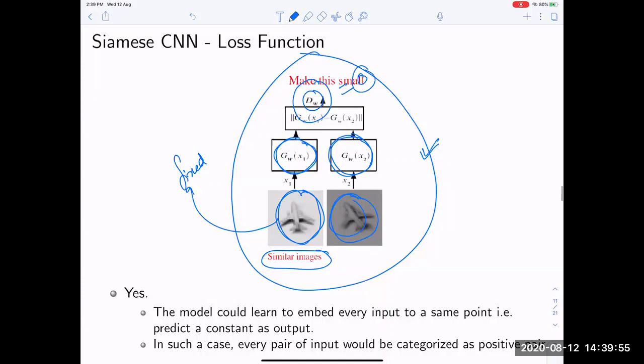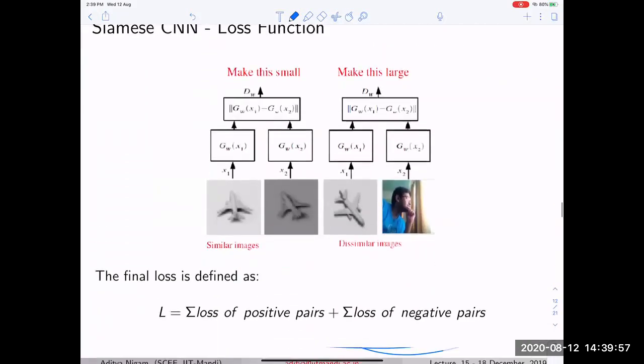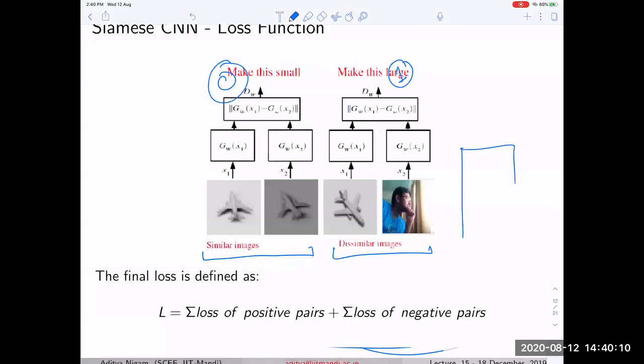Because of this, we need to train in such a way that if I show you similar images, you will have to make it 0. If I show you dissimilar images, you will have to make it 1. In this way, you cannot learn that trivial thing. Then one single batch is going to be made like this: pair number 1, pair number 2, pair number 3, pair number 4, pair number 5, that is image 1 through image 10.